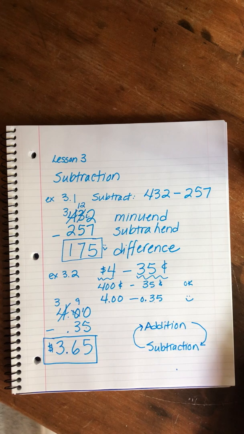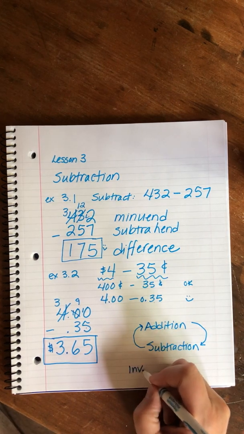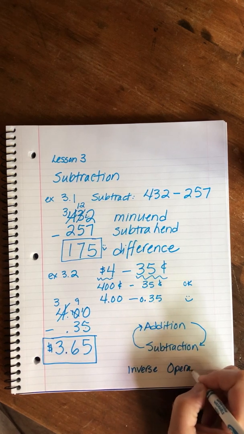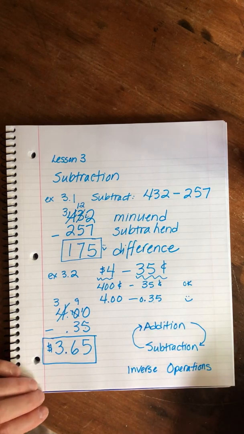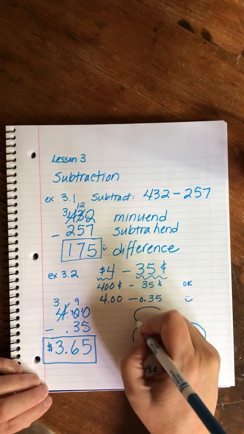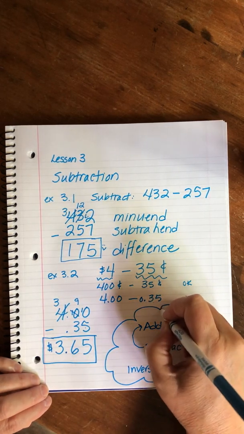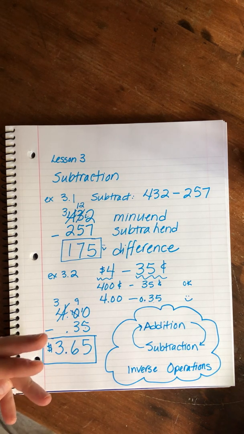They're opposites, but they're linked, and there's a fancy word for it: inverse operations. Okay, this is super important in algebra. We're going to use this fact all the time, that they undo each other, right?